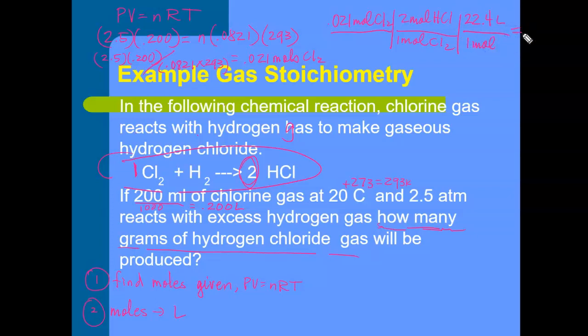When I do my math, that is 0.021 times 2 times 22.4, and I get 0.93 liters of HCl. And so that is my answer at the given amounts there. So 0.93 liters. And that's all I really had to do with that.